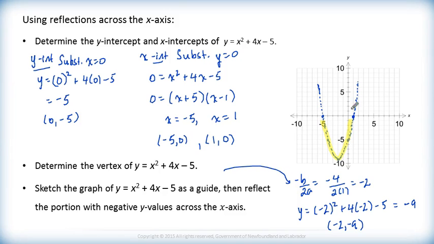So this part gets reflected, and -2, -9 becomes -2, +9, and 0, -5 becomes 0, 5, etc. And then I have my reflected portion. Now I just overlap the parts that were already positive. Like so.